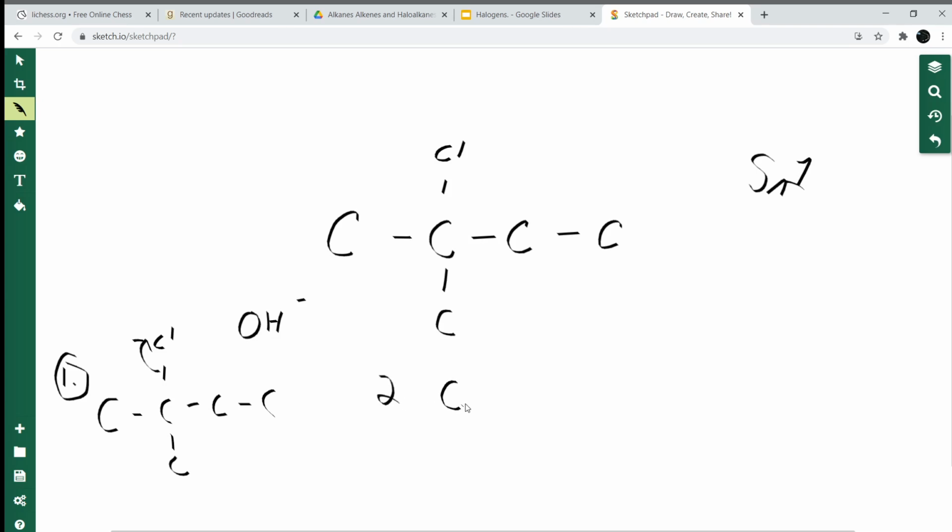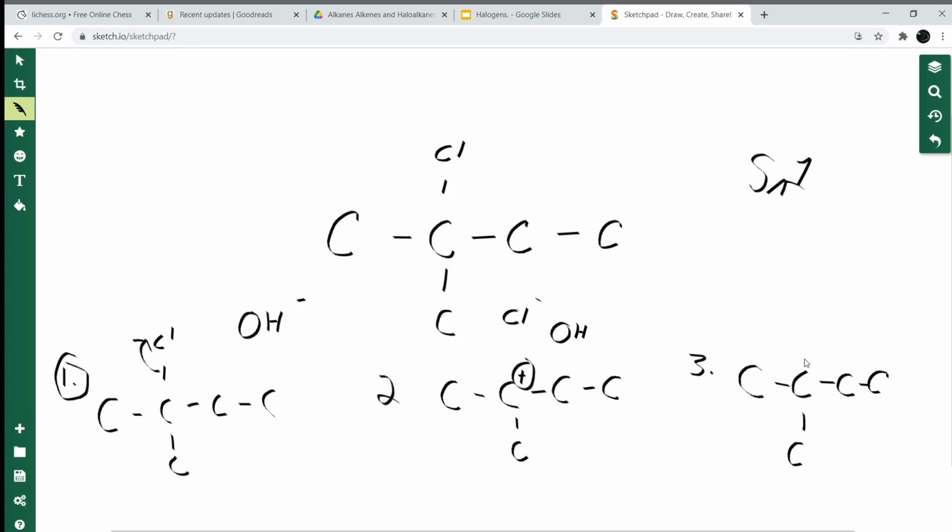The second step is where we have the complete carbocation. The third step will end up being when we have the OH that's attached to it here.